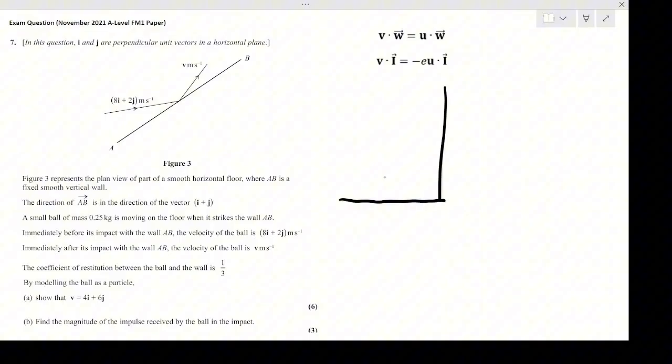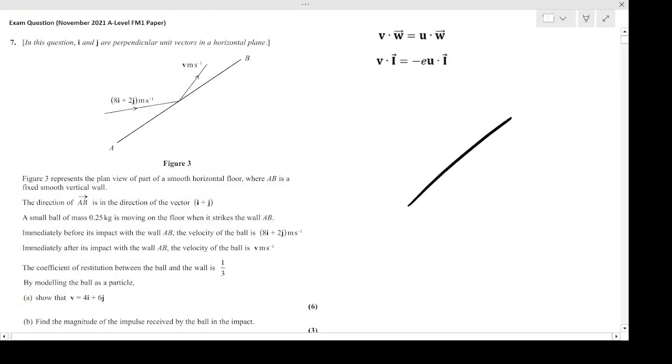When it's like this, the question becomes quite nice because we can easily read off the velocity vectors to see where the parallel and perpendicular parts are. But when the wall becomes sloped at an angle, it becomes harder. We can't just read off the vector to work out what the parallel and the perpendicular parts are. So we need to come up with a more general vector method.